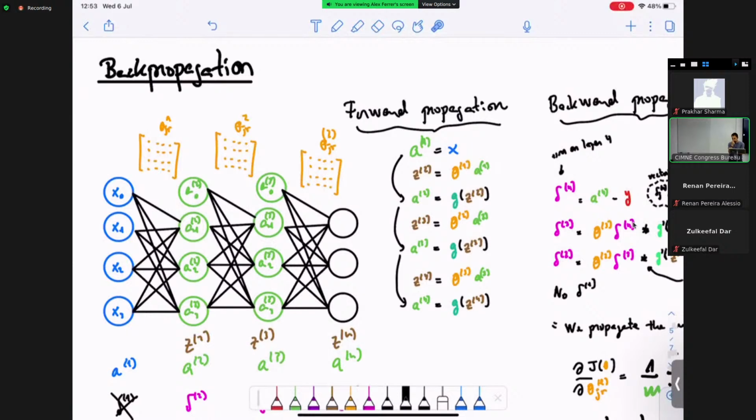So the question is, what is happening if we have other activation functions? Do we have this property? Do we have this forward and backward propagation? Could we really have the same properties and speed?